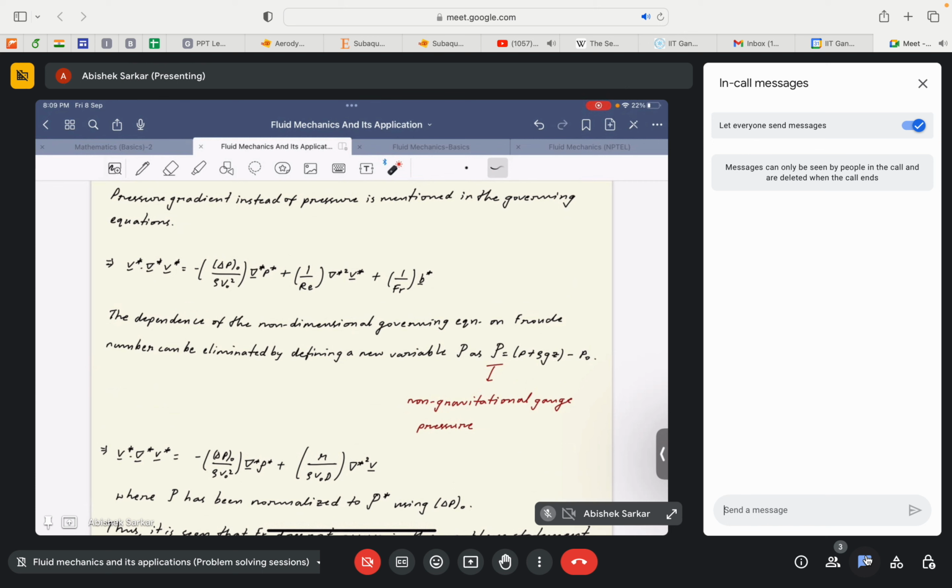So that's why here they found a very good way to tackle this Froude number, by incorporating this body force term in the pressure gradient term. That is usually a very common tactic or method that is applied while dealing with the Navier-Stokes equation.